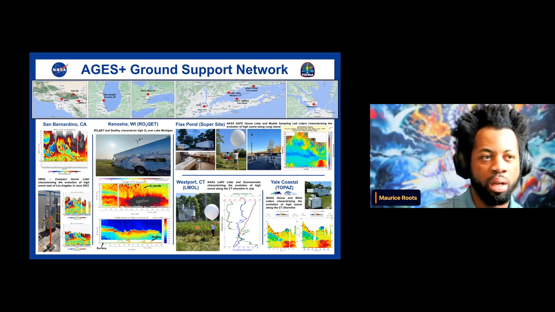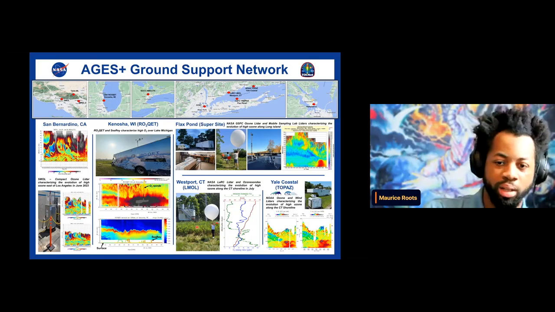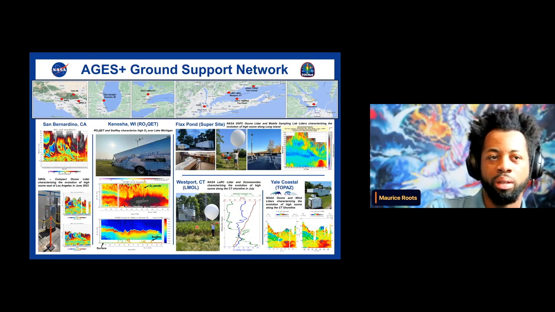Whereas the balloon, when you let that go, it's just going by buoyancy and it's going to follow the wind pattern. So it doesn't go up in a straight line like the lidar does, but it does get you really high resolution in situ observation, being pushed by the wind itself.